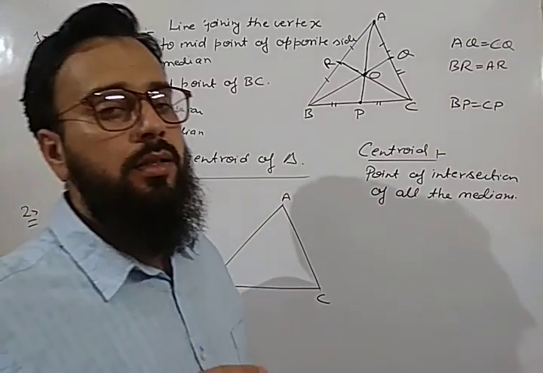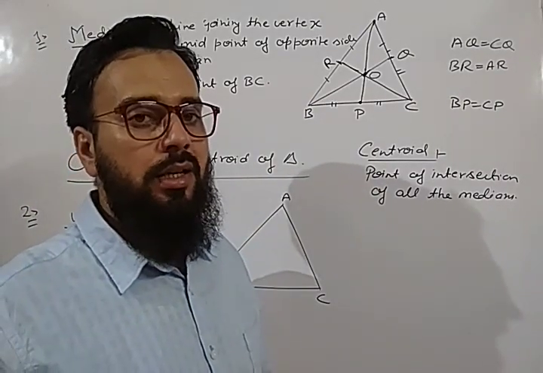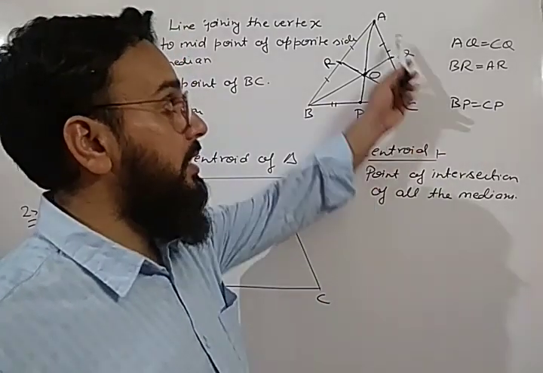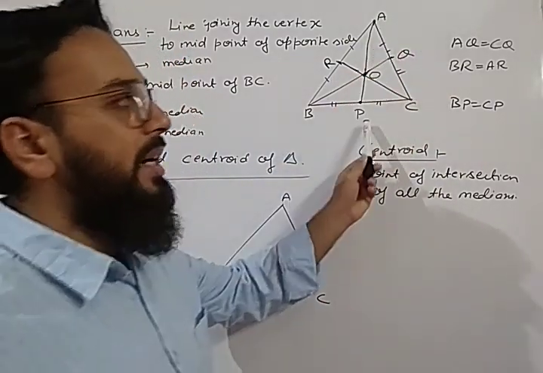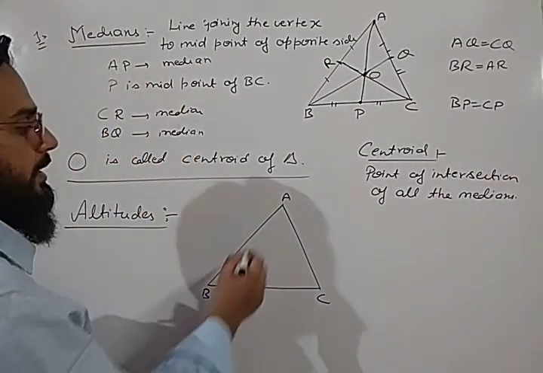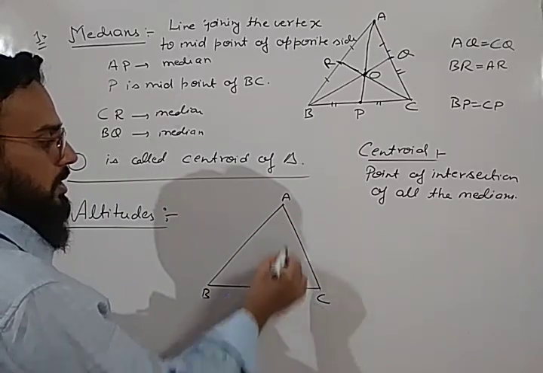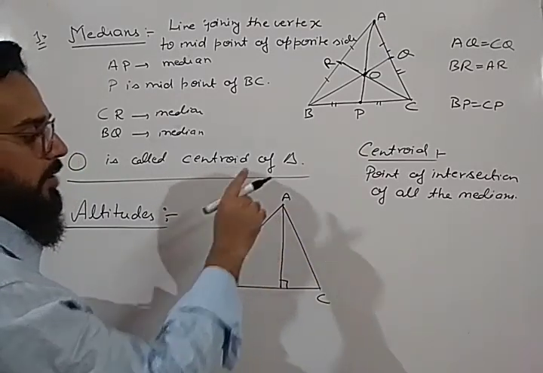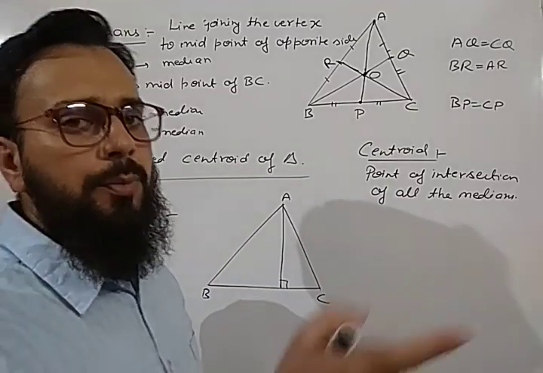Altitudes are the lines drawn from the vertex to the opposite side, but perpendicular. Median is the line joining the vertex to the midpoint, but altitude is not joining the midpoint. It is the line drawn from the vertex to the opposite side, and this line should be perpendicular, or we can say perpendicular drawn from the vertex to the opposite side.